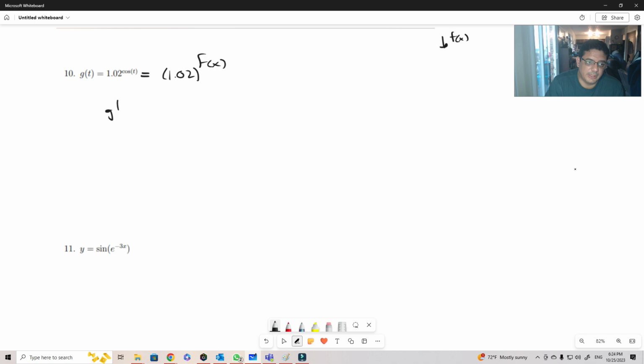So if we follow that logic, g prime of t is just going to be the same thing because it's an exponential. 1.02 to the f of x times the log of 1.02, since again, remember, if we have a b to the f of x, the derivative will be the same thing but times log of b, and then of course times f prime of x.